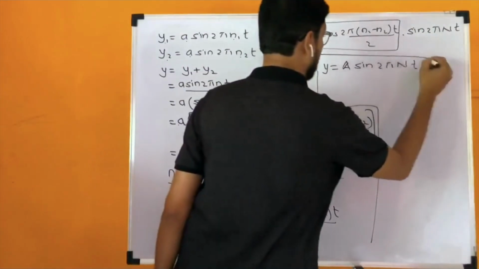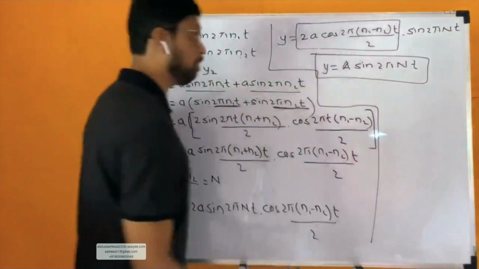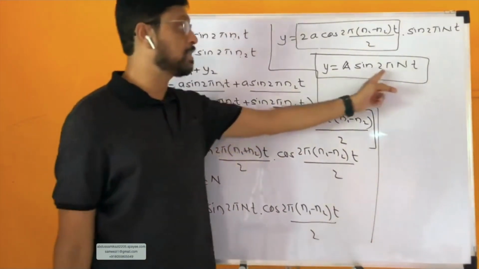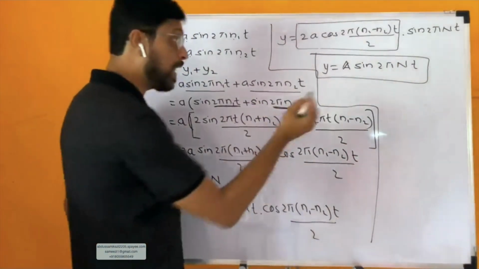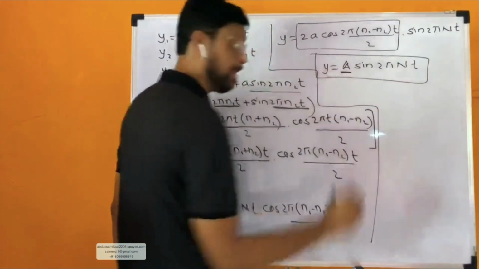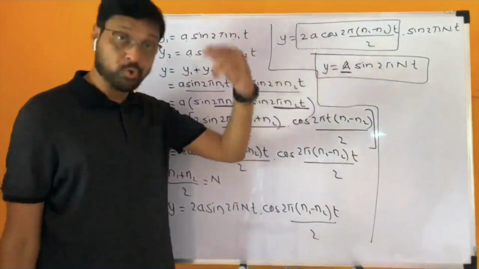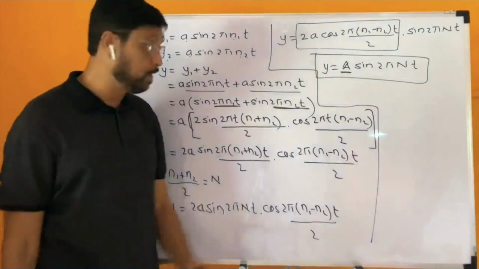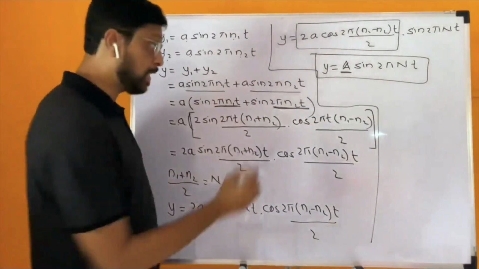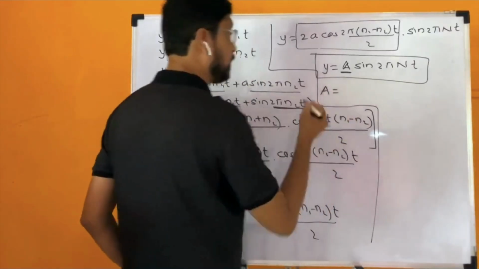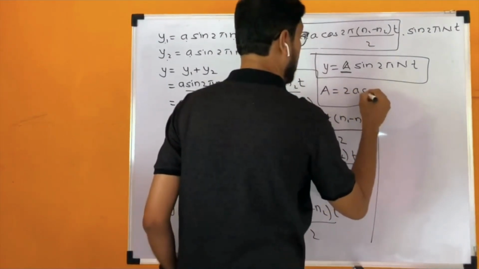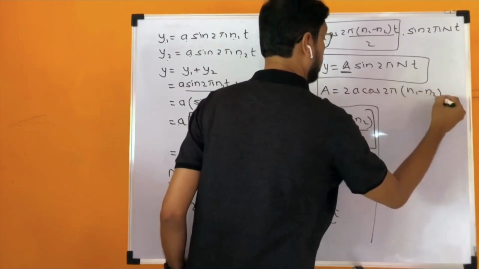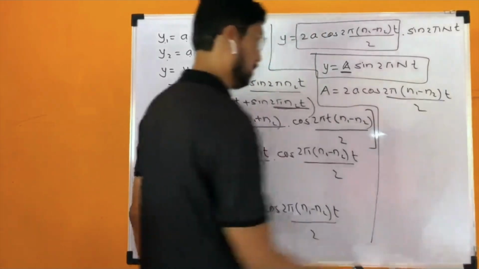So this is the equation of beats. The equation of beats is y is equal to A sin 2 pi N t, whereas this capital A is the amplitude of the resultant. The amplitude of the resultant wave, of the beats that are formed, is capital A, which is equal to 2A cos 2 pi (n1 minus n2) into t by 2.